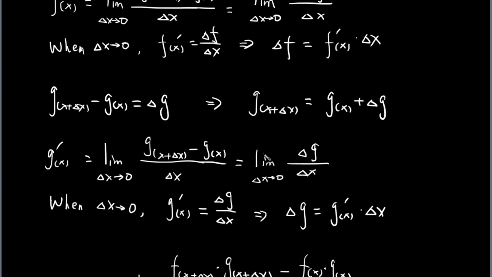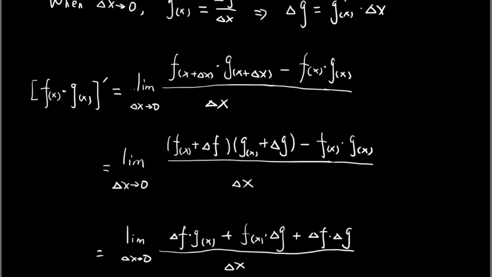That is the limit of delta g over delta x as delta x approaches 0. When delta x approaches 0, g prime of x equals delta g over delta x. Therefore, delta g equals g prime of x times delta x.